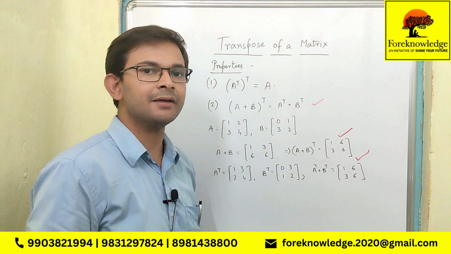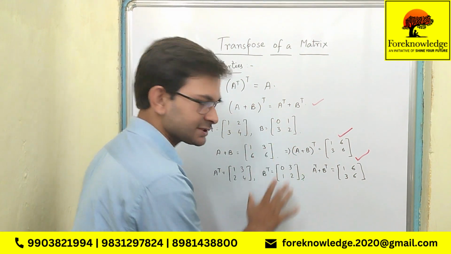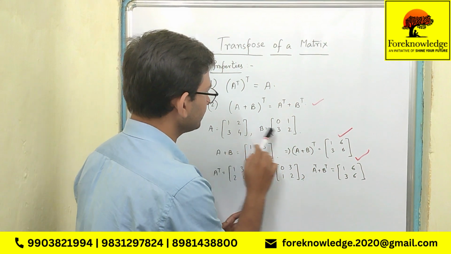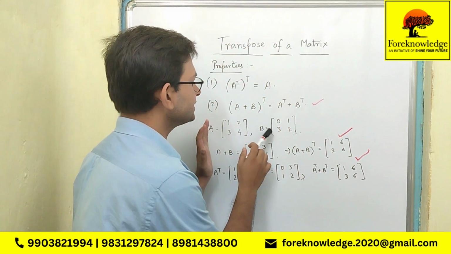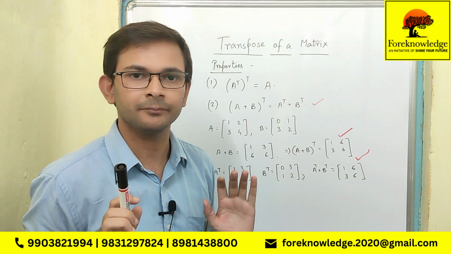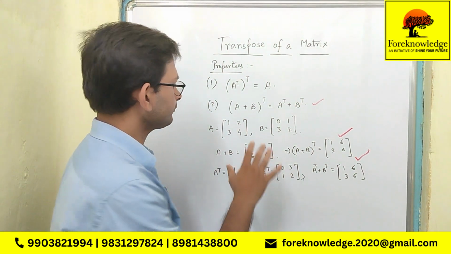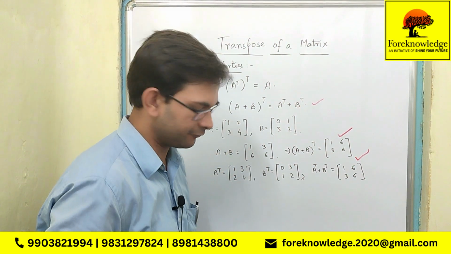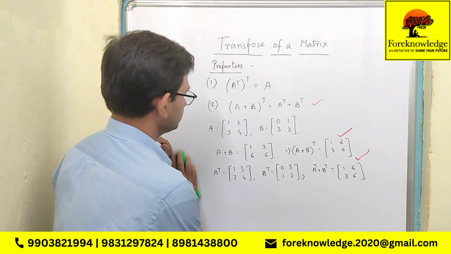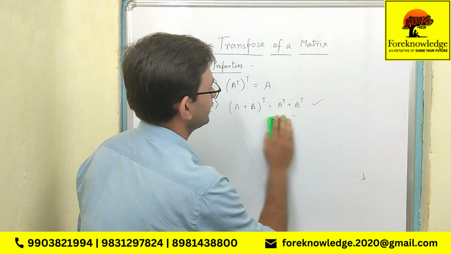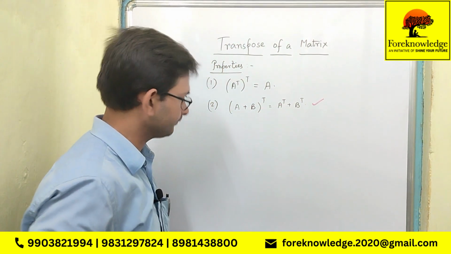What I am doing is just showing that this formula can be verified if we take this as an example. Now verification is done. So let us move on to the next one.